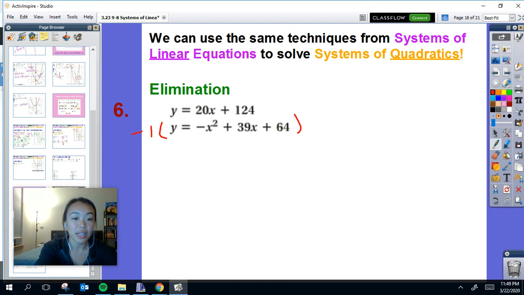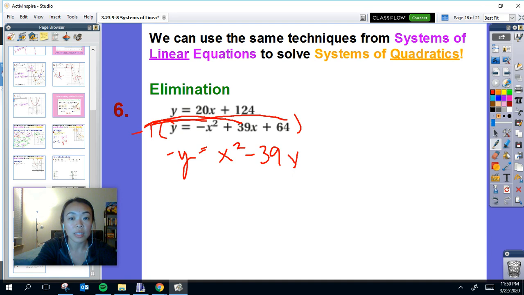And when I do that, this bottom one becomes negative y, and then negative 1 times this is positive x squared. Negative 1 times this is negative 39x. And then negative 1 times 64 is negative 64.